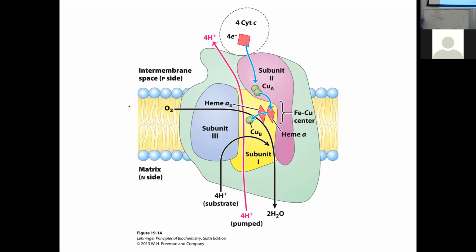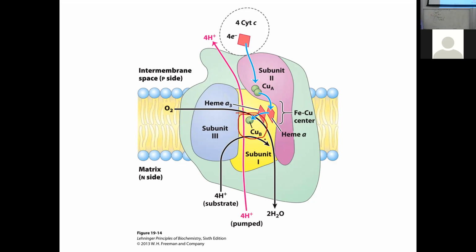As the electrons come in, they go to this binuclear copper complex, 2 copper metal ions present together. So they are going to be bound by histidines or sulfhydryl groups. That's what copper likes. Those electrons will move from there to a heme group, a heme A, onto A3, and then finally to a second copper center here, this copper B. So this is copper A, it's binuclear.